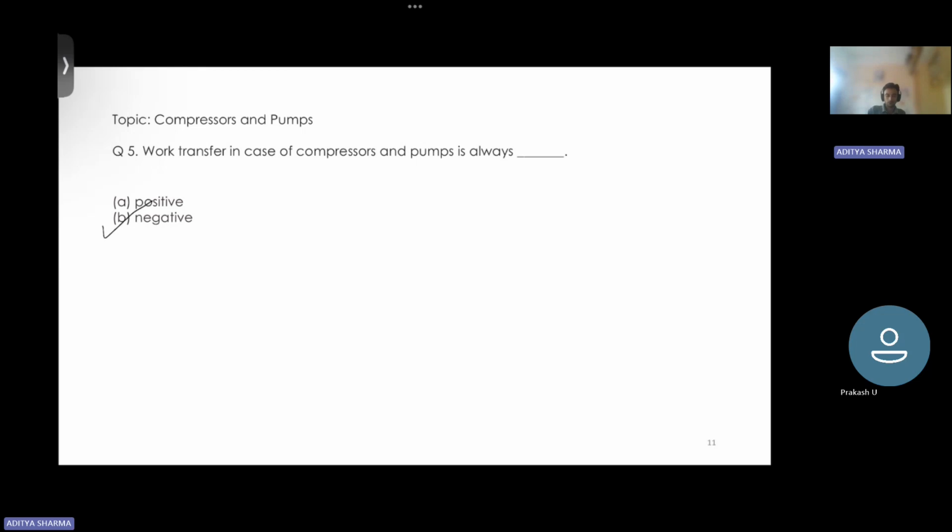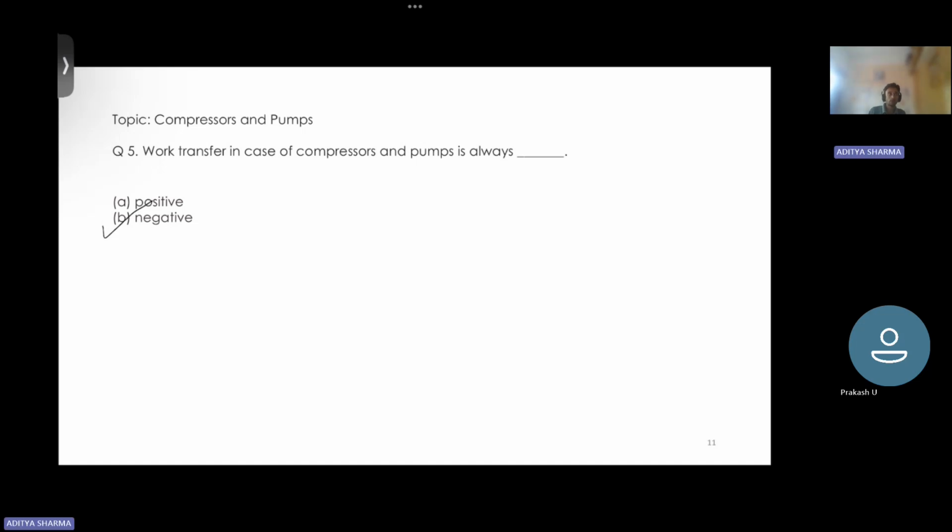So we have learned in session 1, or week 1, that when work is done on the system, in that case it is negative. When work is done by the system, the sign convention says that it is positive. And the opposite is the case with heat.